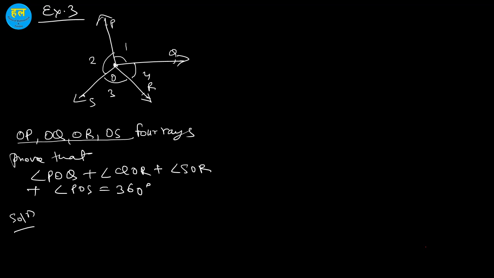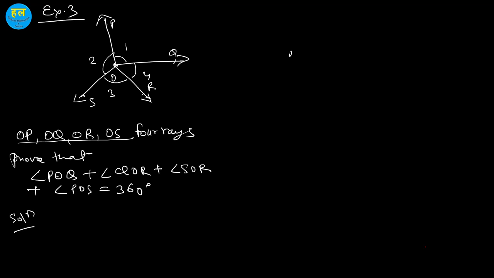By the visual itself we can see that it is 360 degrees, but we have to prove it. With whatever theorems and axioms we have, it is difficult to prove this because we don't have any straight line here. If we have a straight line, then only we can prove it. So we'll assume a straight line. We'll make a straight line.